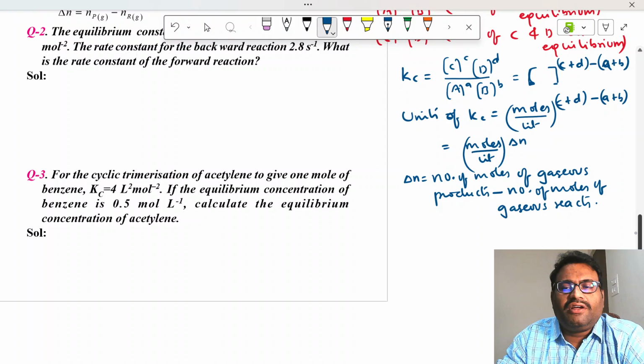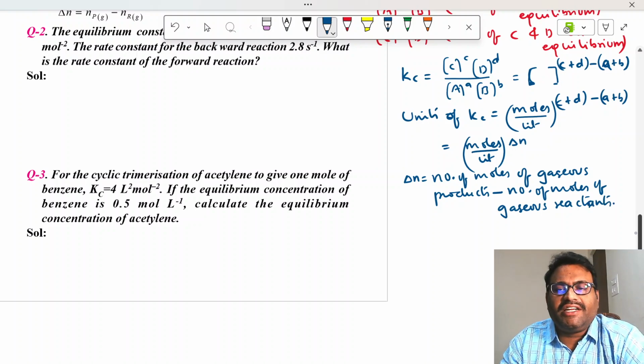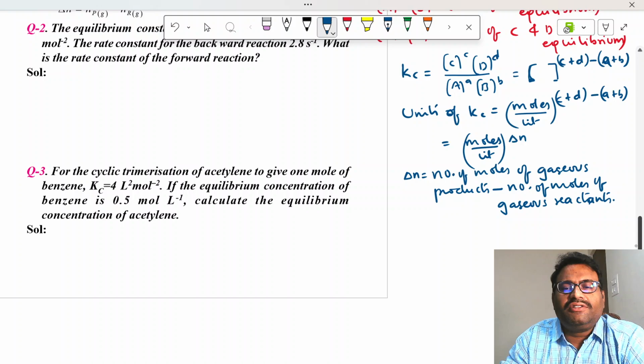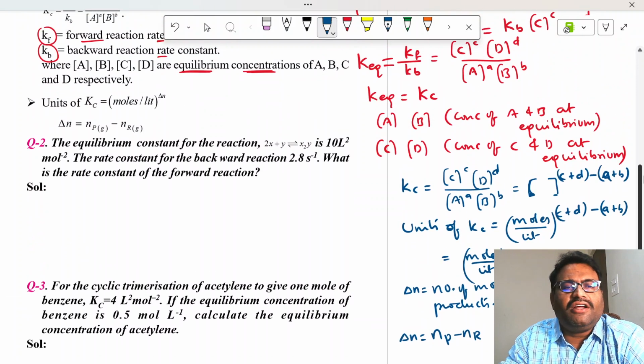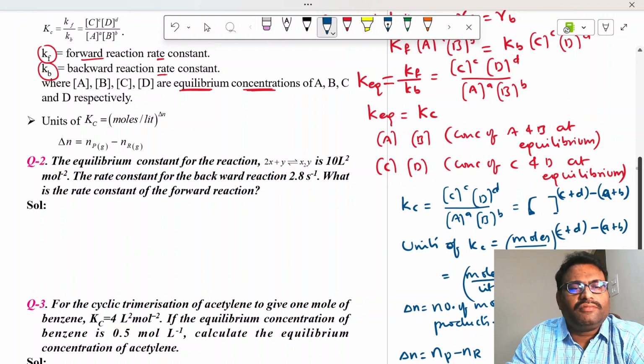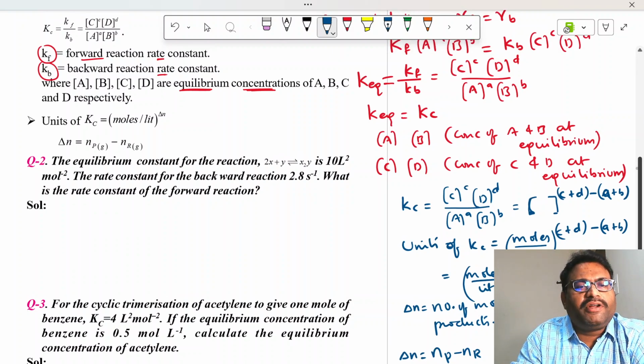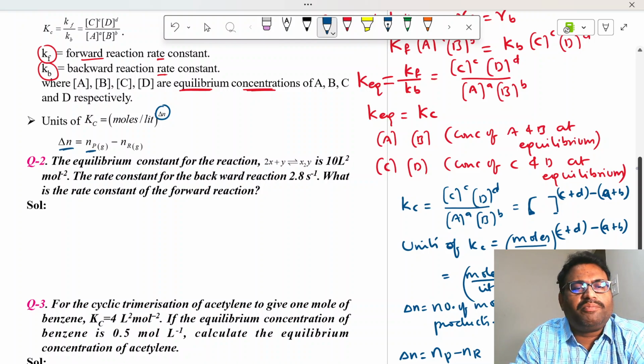Only those in the gaseous state, those numbers of moles we need to take. So delta n is equal to Np minus Nr.